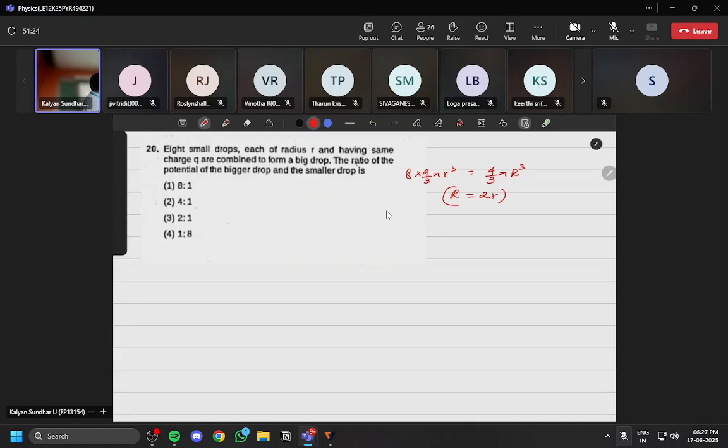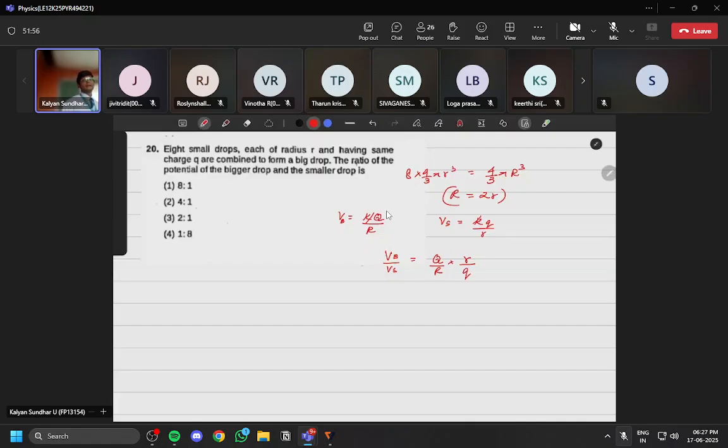Now they are asking the ratio of the potential of the bigger drop. What is the potential formula? V will be equal to KQ by R. This is the bigger drop. Smaller drop is how much? K small q by small r. Correct? Now we have to find the relation between which? V by Vs. So V divided by Vs will be equal to K and K will get cancelled. So Q by R into r by q.